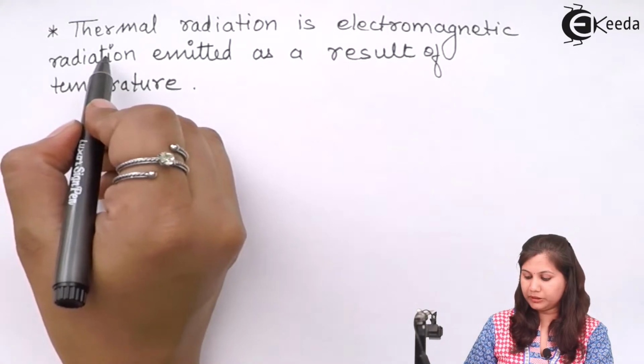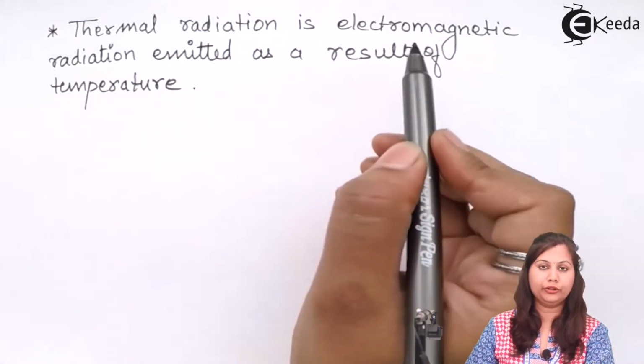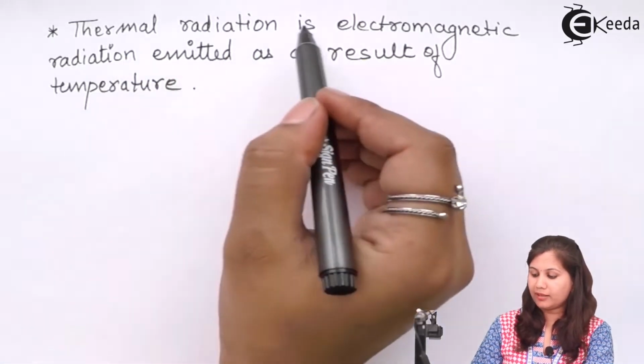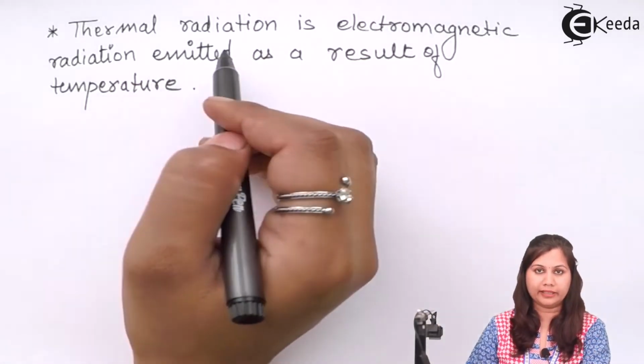So these thermal radiations which are emitted due to that hot object are a type of electromagnetic radiation.